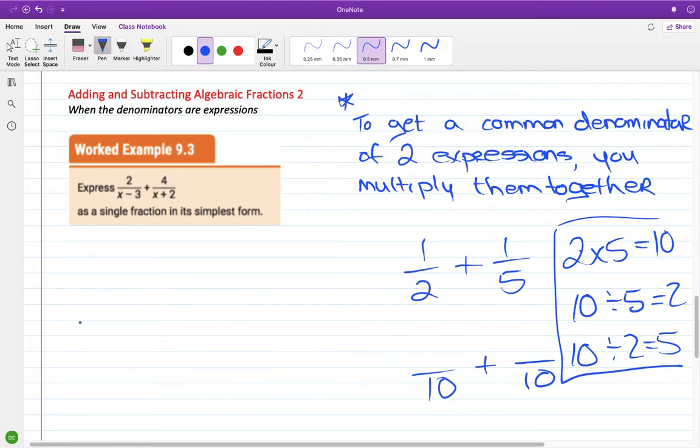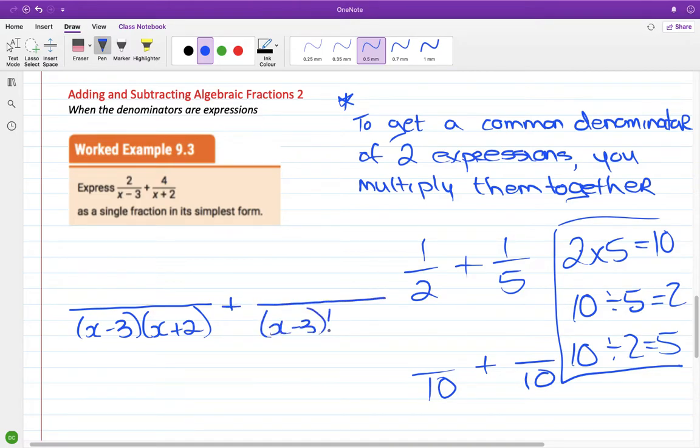So the way you write the common denominator is simply x minus 3, x plus 2. Then I have my plus, and I write it again: x minus 3, x plus 2. Okay? So now we do the same thing that you would normally do.